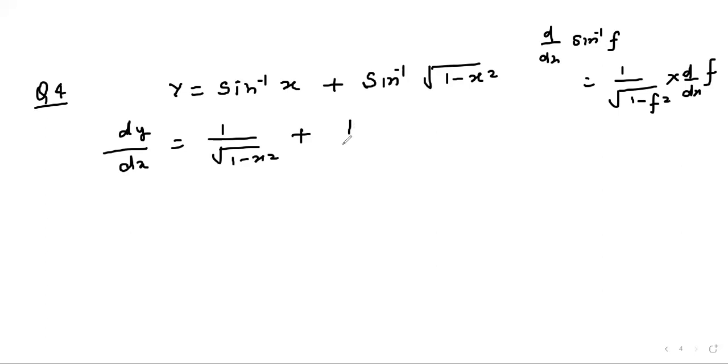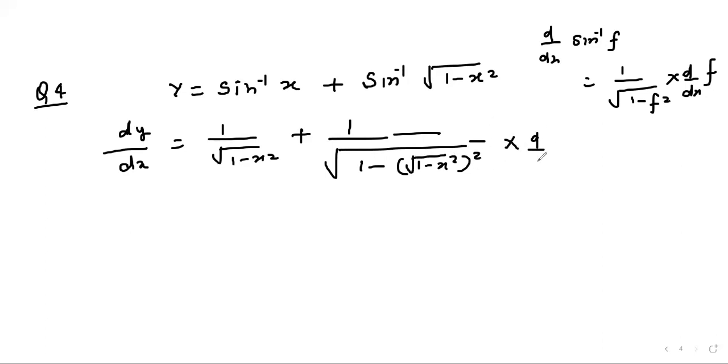So here it will become 1 upon root of 1 minus root of 1 minus x square whole square, and then d upon dx of root 1 minus x square.